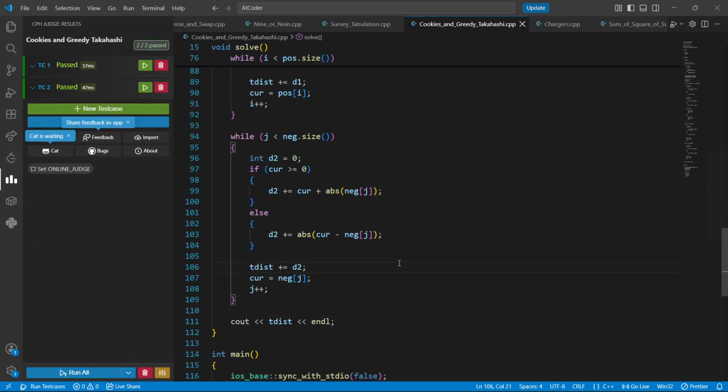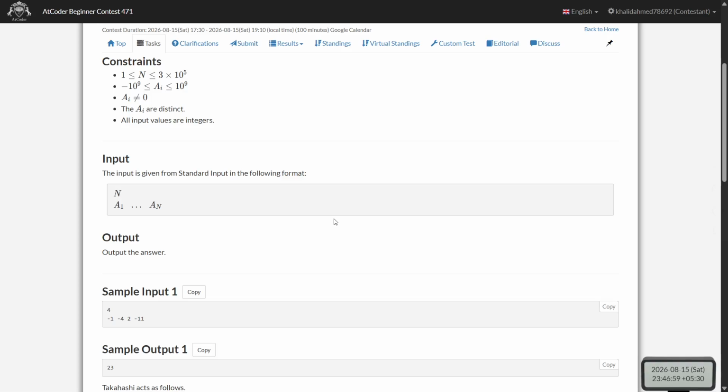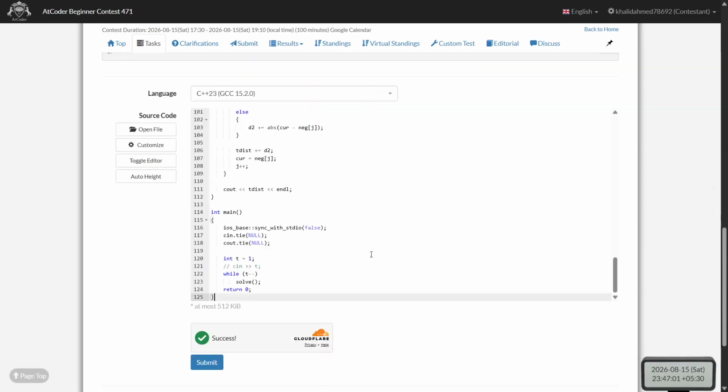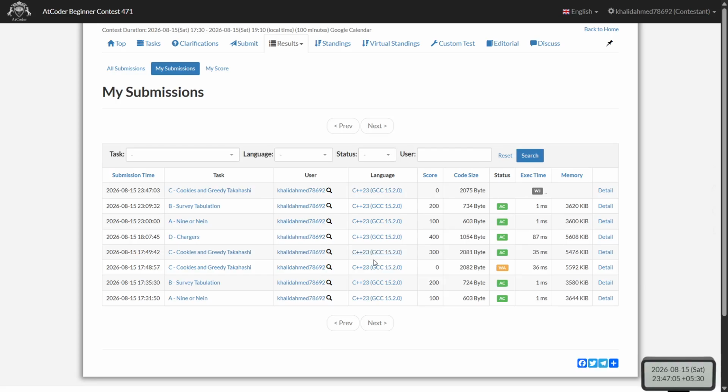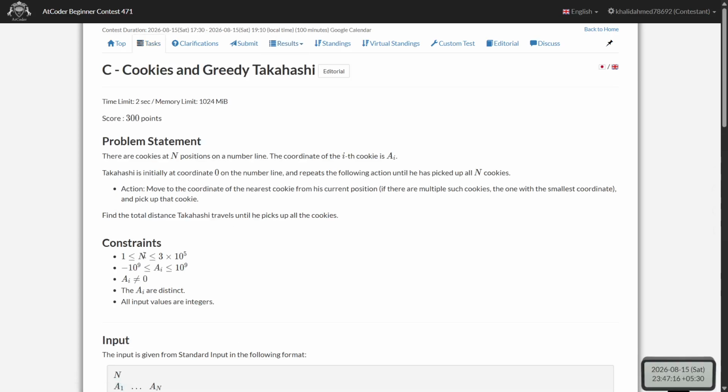It's running fine. Let's try to submit. Okay, this will give wrong answer. I know why, my bad. Since n is 10 to the power 5 and the coordinates are up to 10 to the power 9, if you multiply these two it will be 10 to the power 14.